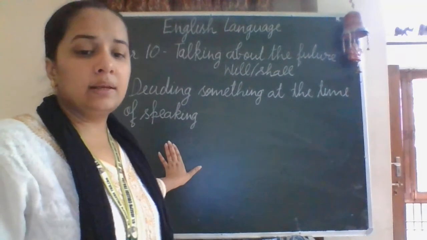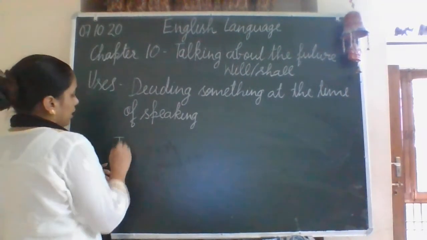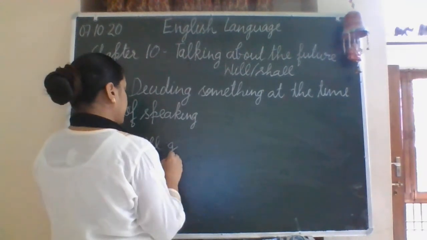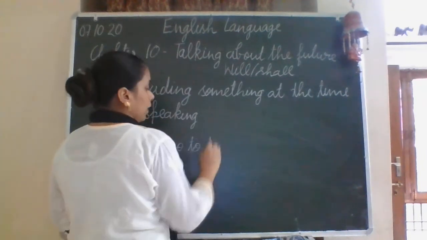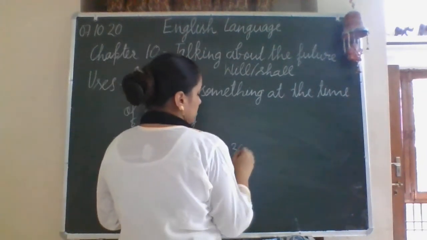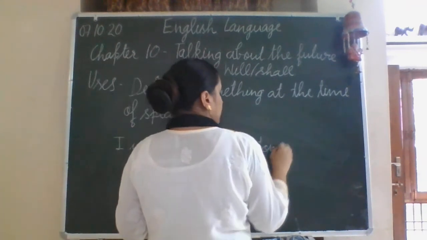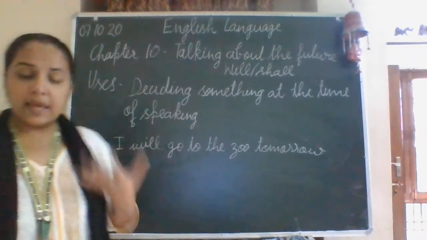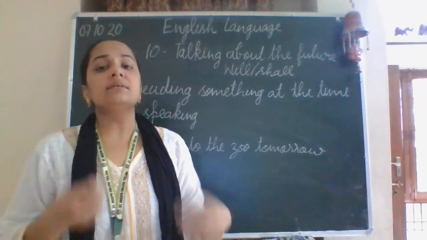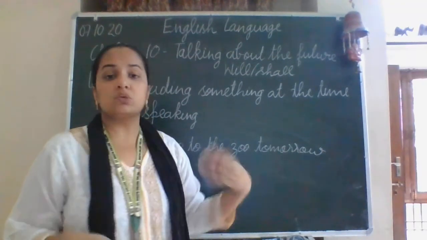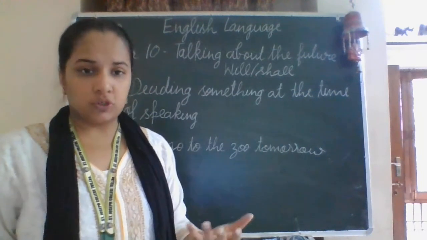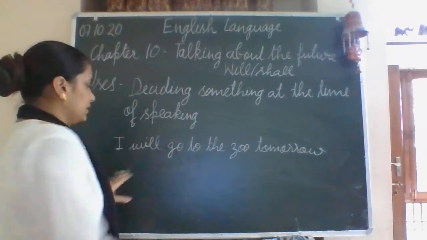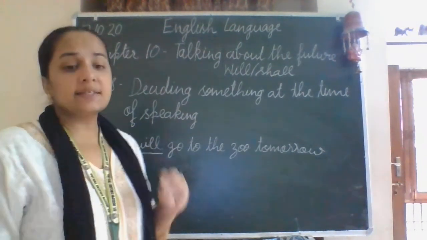For example, I will go to the zoo tomorrow. So I'm saying it just now and I'm deciding something about the future. Tomorrow is used for the coming day. So it is future. Whenever I'm deciding something for the future, I will use will in the sentence.